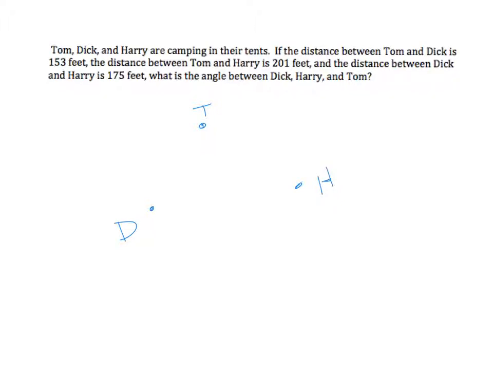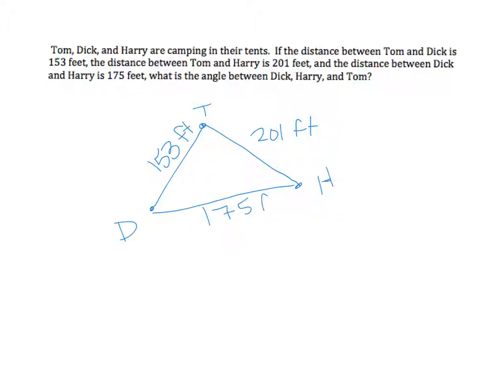If the distance between Tom and Dick is 153 feet, the distance between Tom and Harry is 201 feet. And then the other distance, it says, is 175 feet. What is the angle between Dick, Harry, and Tom?